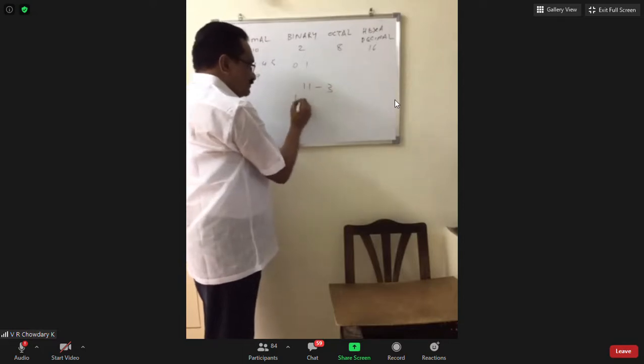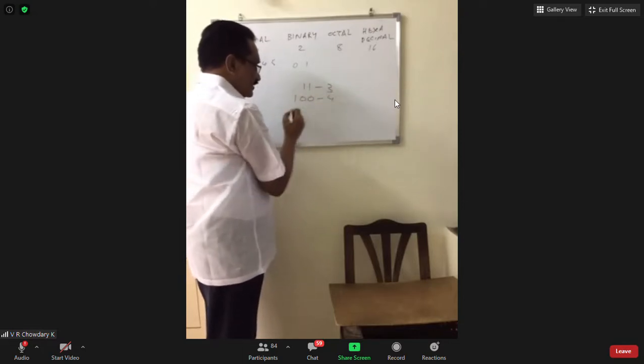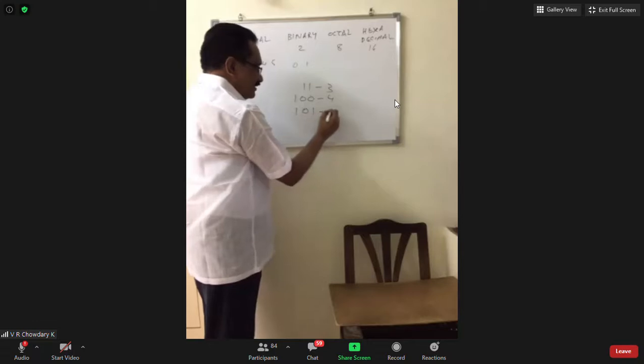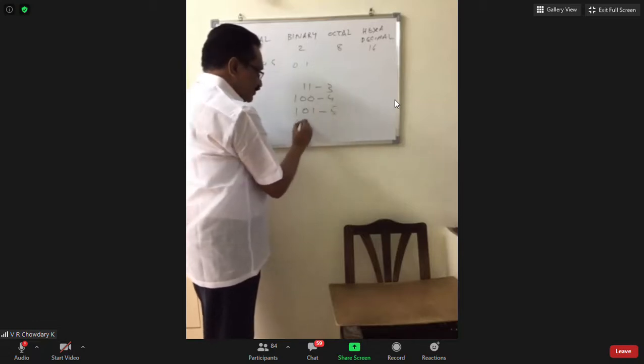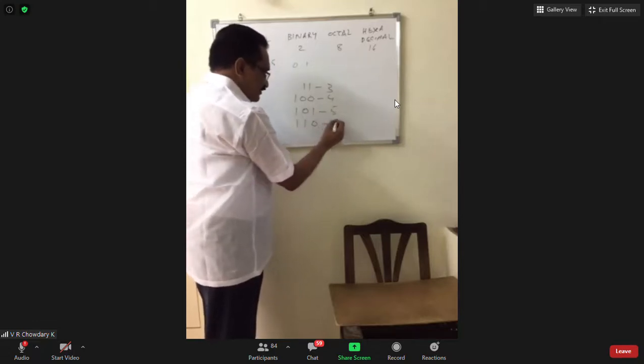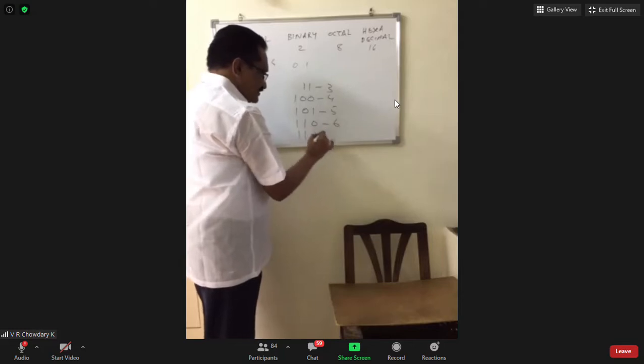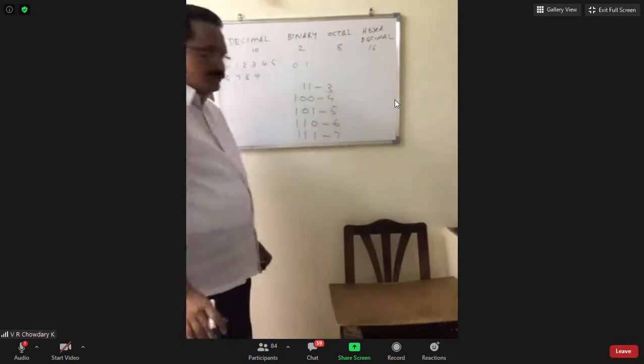Four quantities are represented by 1, 0, 0. Five quantities are represented by 1, 0, 1. Six quantities are represented by 1, 1, 0. Seven quantities are represented by 1, 1, 1.